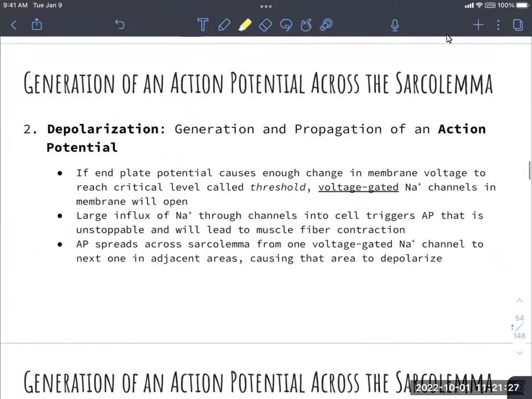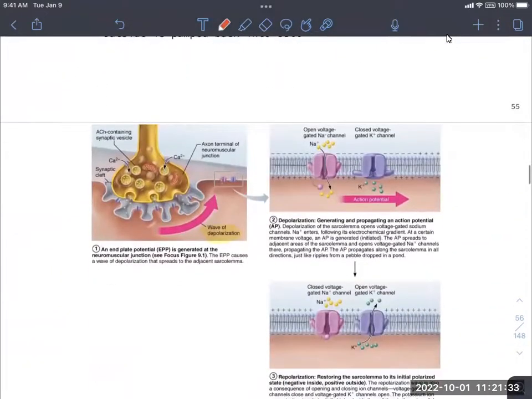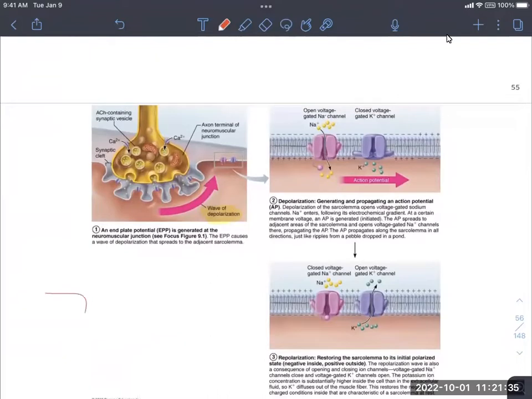It's going to continue. I'll just draw it down here. So our muscle cell, we have all of this with where the nerve attaches, but as this part of the cell becomes depolarized, it's going to activate channels down here to open.